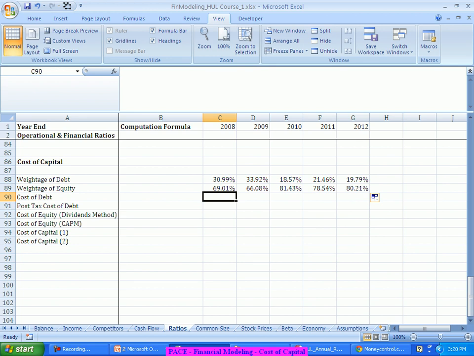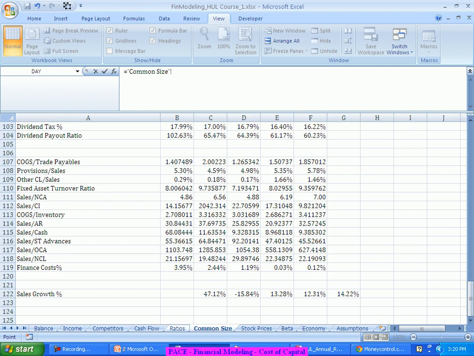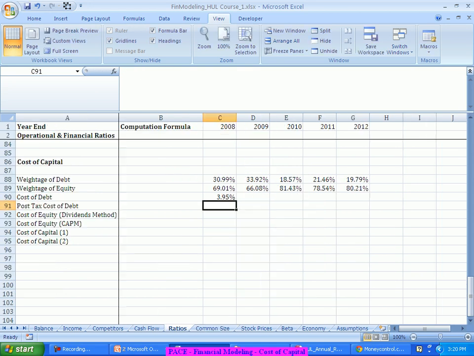Cost of debt is interest divided by the total liabilities, which we have already computed as a part of our common size, the finance cost. Interest divided by the total debt. So this was our cost of debt. 3.95% happened to be the cost of debt, and over the period it has fallen down to 0.12%. This is pre-tax, so I have to find out post-tax.